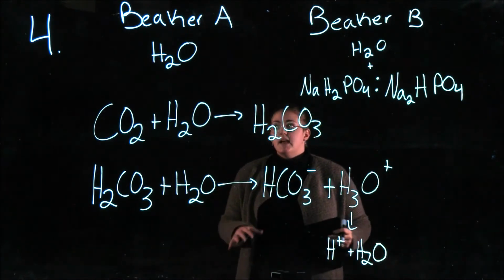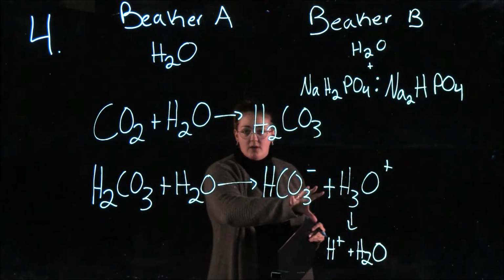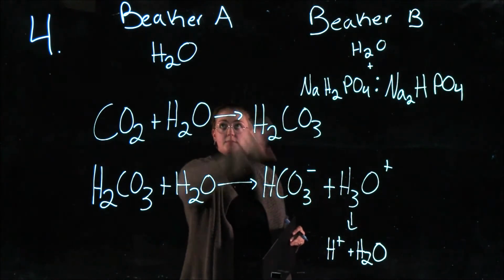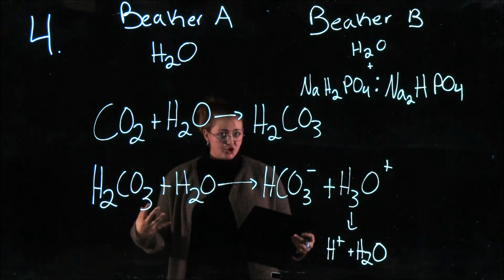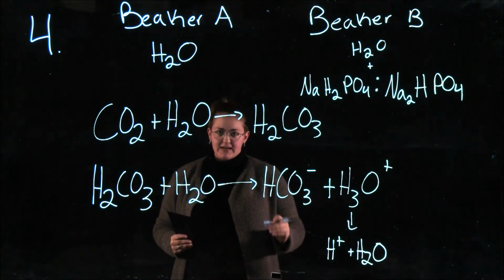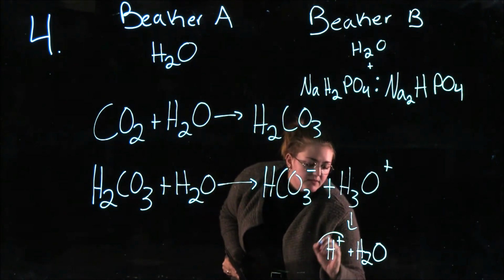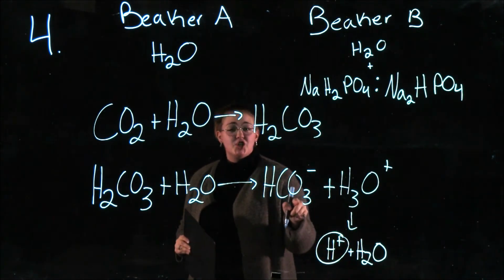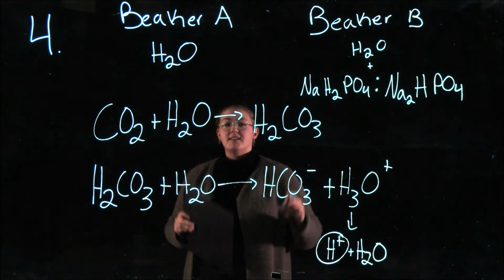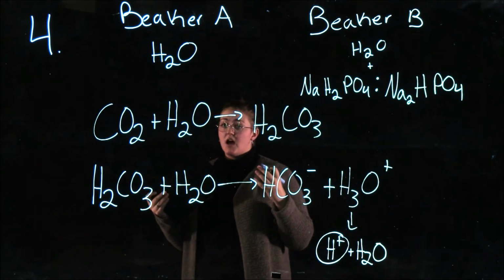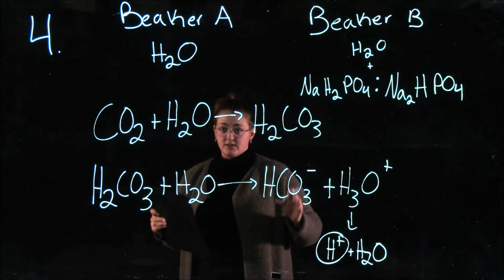So the question is, if we have our carbonic acid solution put into beaker A and beaker B, is there going to be a pH change? So the question here is, is there something in those beakers that's going to change how many protons are in that solution? Is there something there that's going to suck up the protons or put more protons in solution?